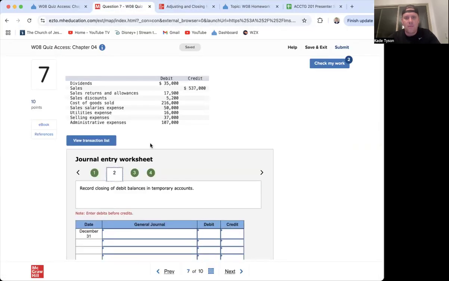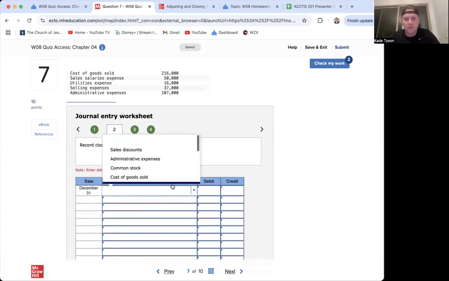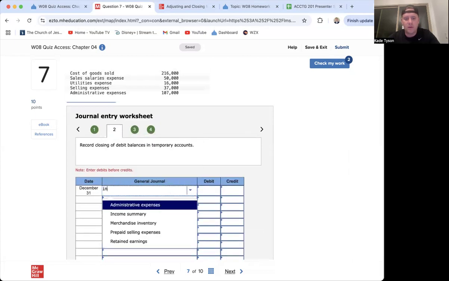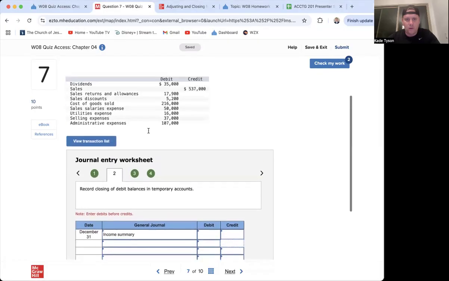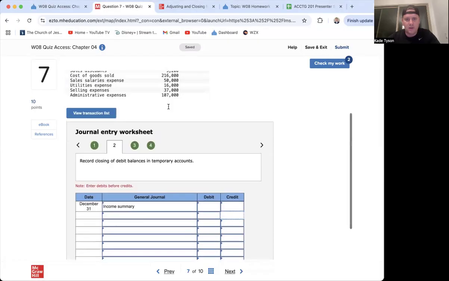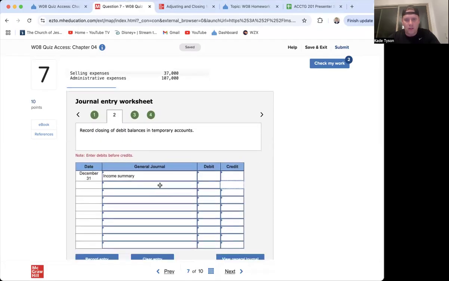So it may be easy to try to take the income summary from that previous number and input it here, but that is not what we're going to do. The income summary is going to be first on here, and then we're going to put all of our expenses or all of our discounts and things here in the debit column. We will add all those up, and that'll be what we put in our income summary.